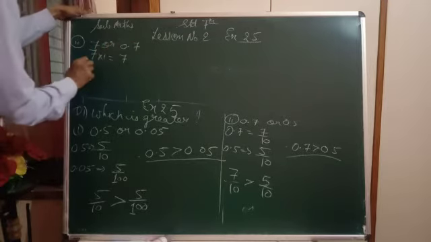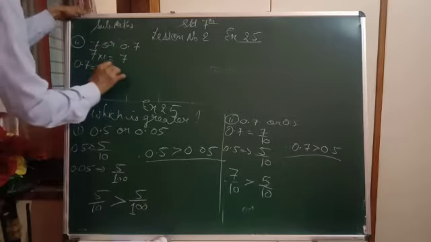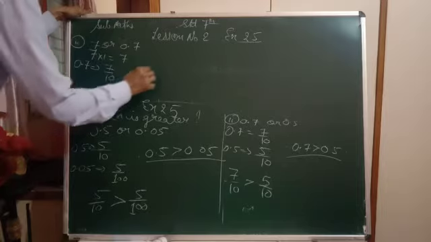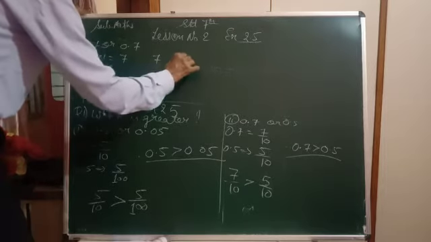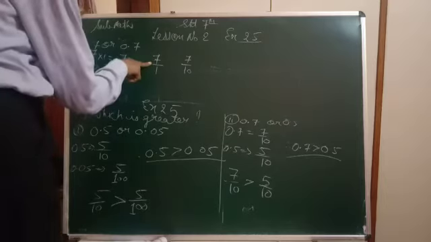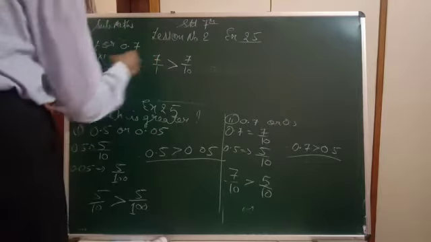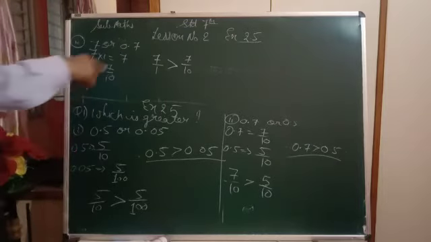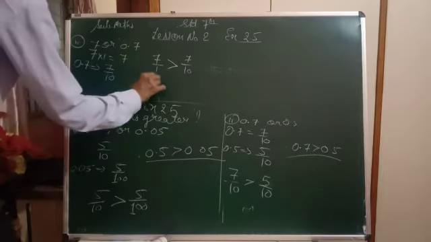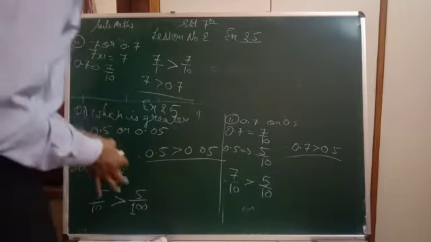And 0.7 we can write as 7 upon 10. We can compare 7 and 7 upon 10. The number which is coming on the left hand side in decimal form is bigger. So 7 is bigger than 0.7 or 7 upon 10. Therefore 7 is greater than 0.7.